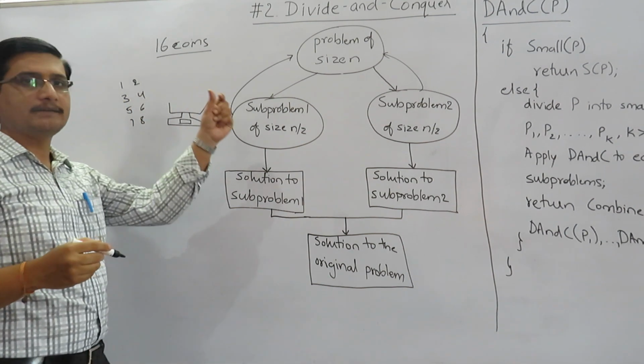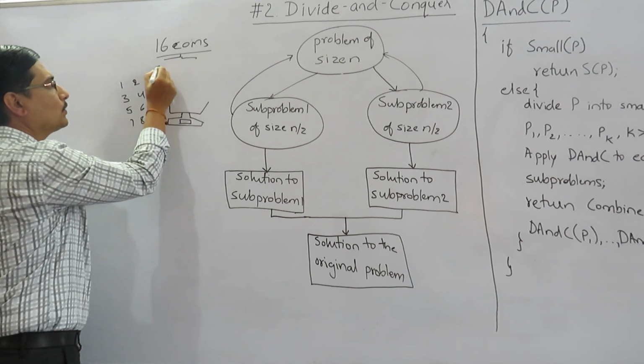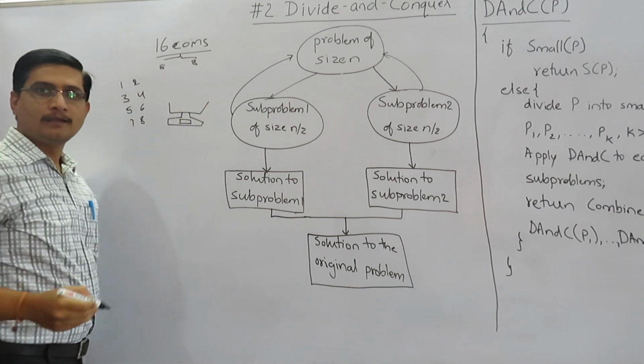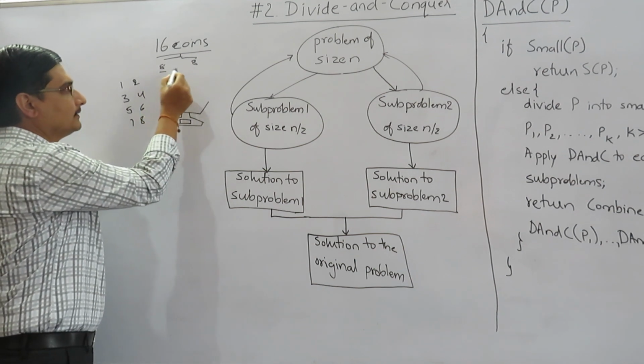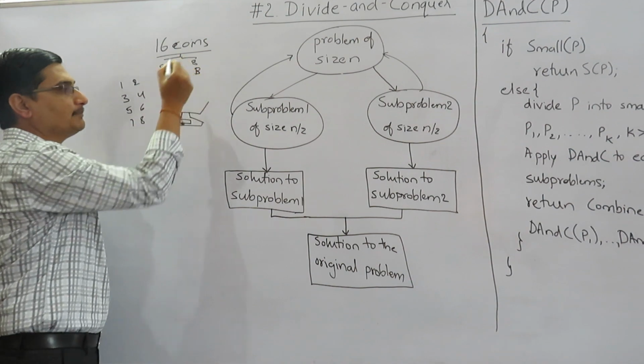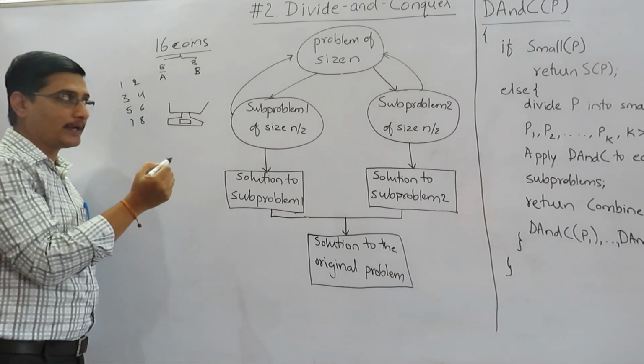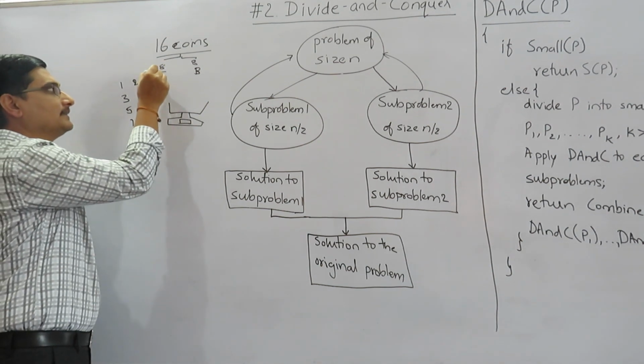If we apply divide and conquer, what we can do is divide this set into 8 coins and 8 coins. Directly we can weigh the set of 8 coins, say this is set A and this is set B. If set A has less weight, then the counterfeit coin exists in this set.